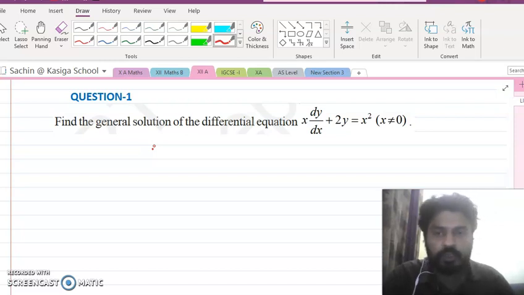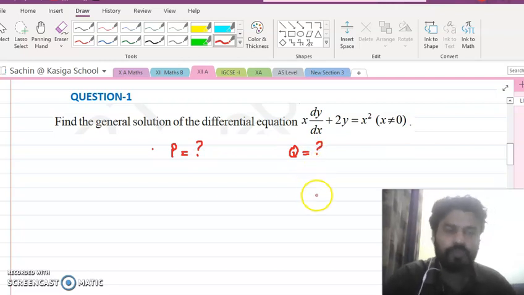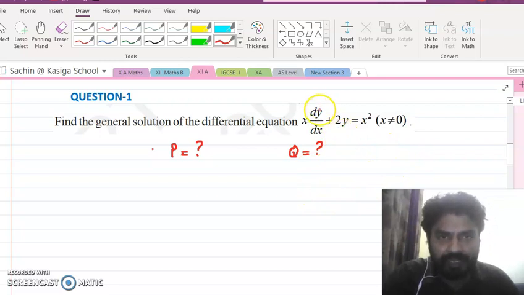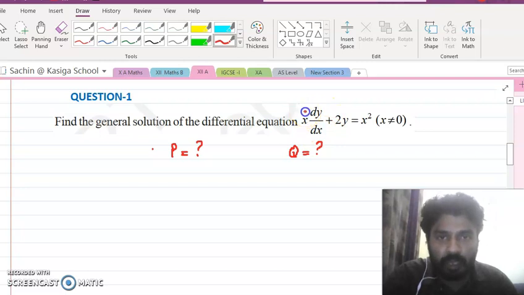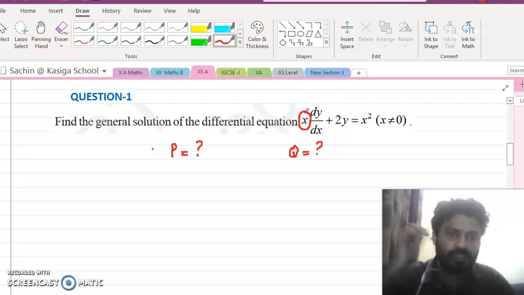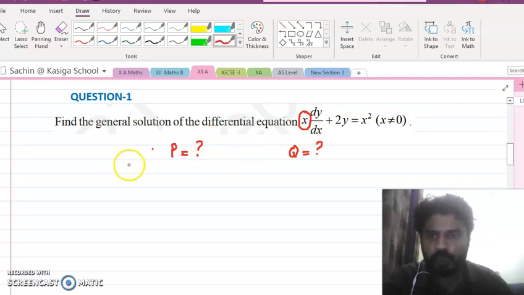So to get the integrating factor, we have to recognize what is P and what is Q. Now you see this equation seems to be a linear differential equation, but there is one obstacle, this x. You have to remove this x to make it in the form of dy upon dx plus py is equal to q.